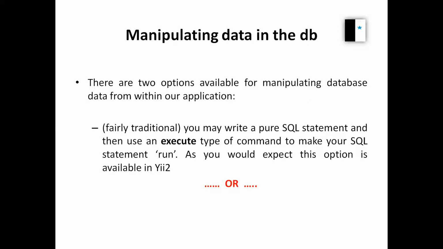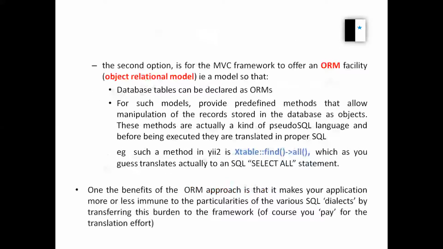Or, and that's the second option, the MVC framework may offer an ORM facility. ORM is an acronym for Object Relational Model. That means it offers a model so that database tables can be declared as ORMs.